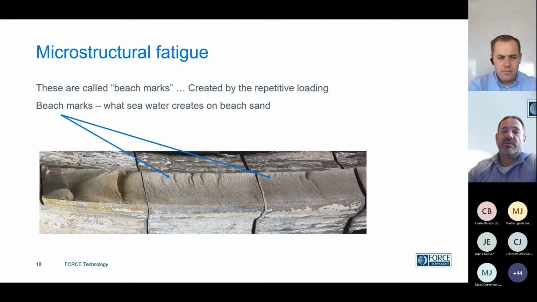If you've sat on the beach or even at a lake, you will see where the water washes over the sand, and it leaves and comes back and washes over the sand again. It leaves these marks, these lines, and that's what we see in a lot of fatigue cases. So when we look inside, we see these beach marks.